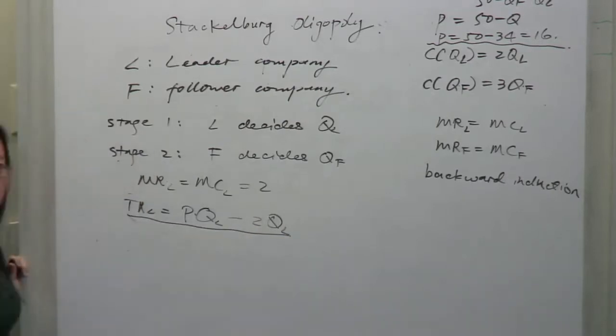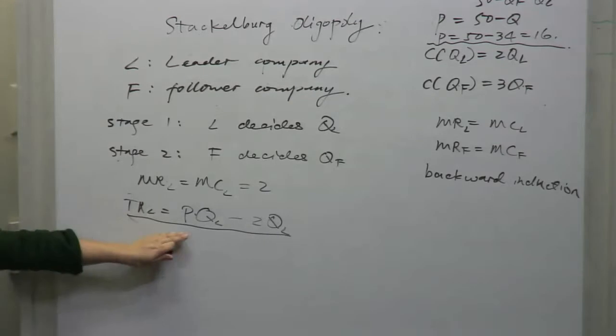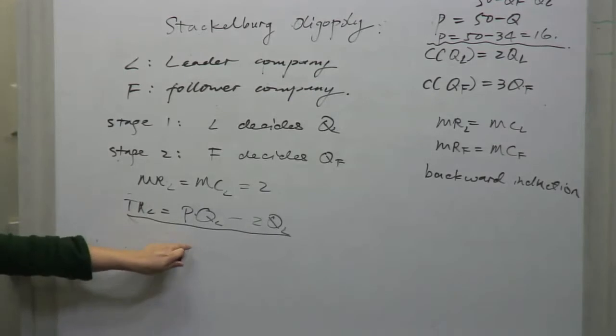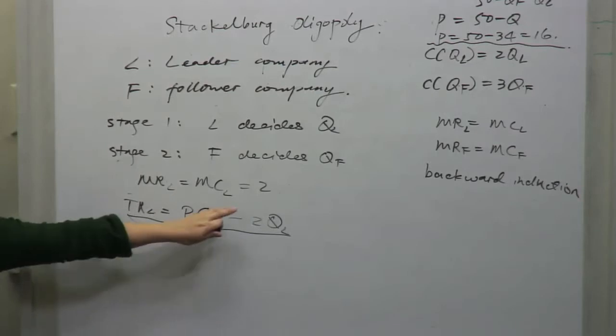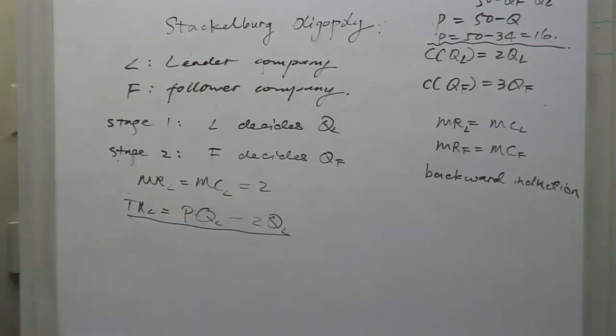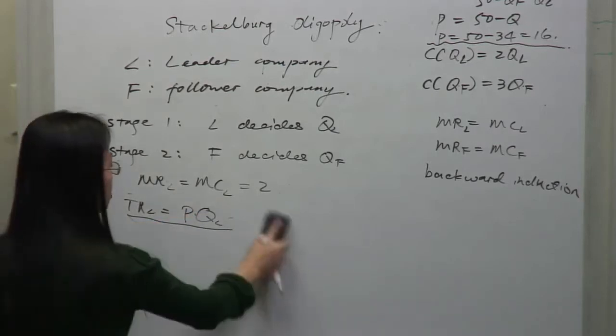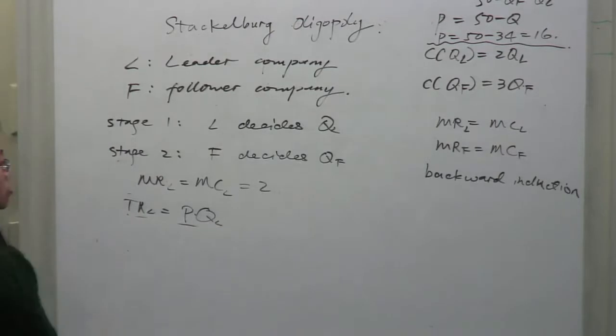This is not the total revenue expression. This is the profit expression. That's what we used to find the total revenue, but it's not total revenue. This is a profit function. The total revenue is just P times Q.